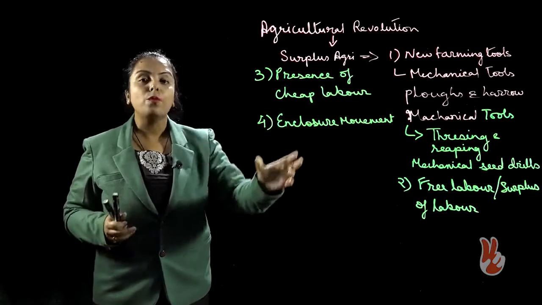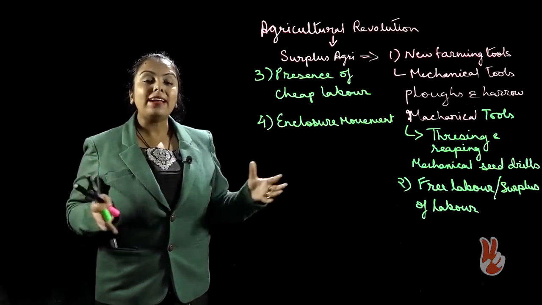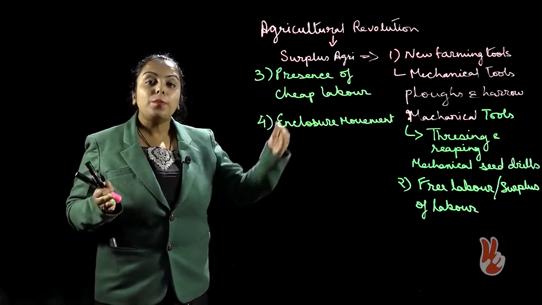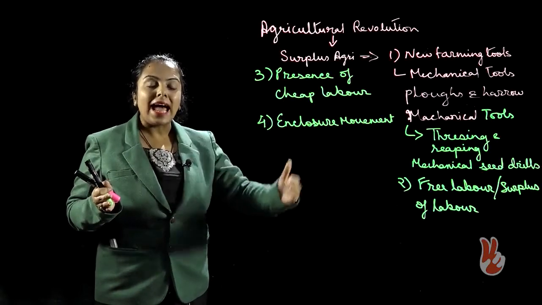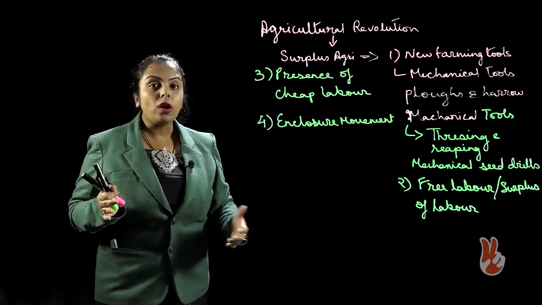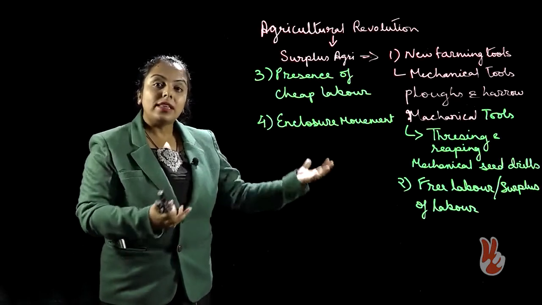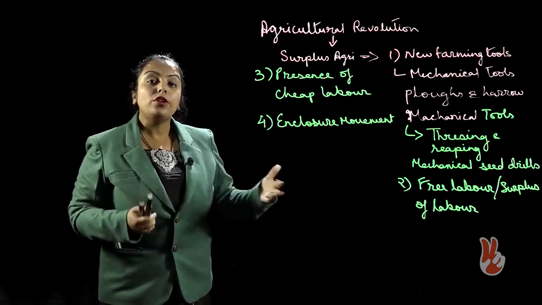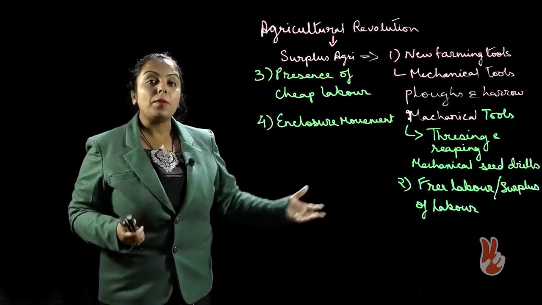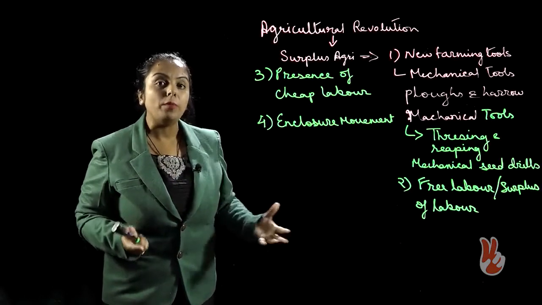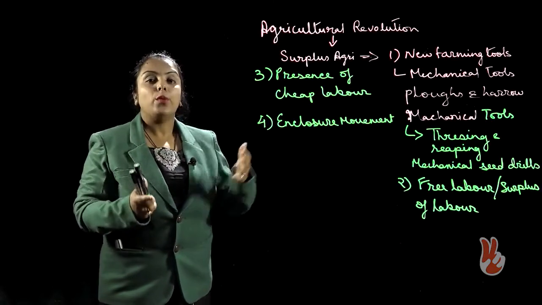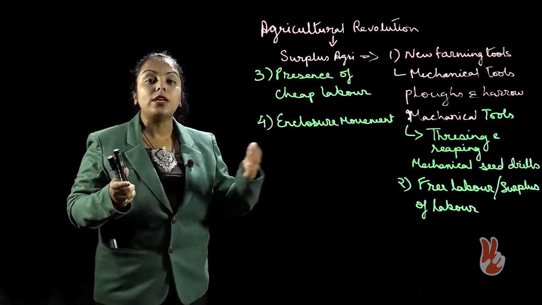Under this movement, these large landholders started bringing marginal lands under their control, or the land in the village which was not used for any other purpose, which was named common. These lands were used within the agricultural sector.